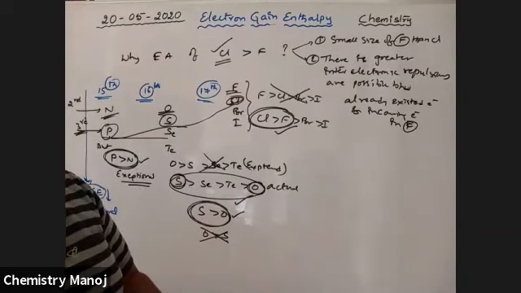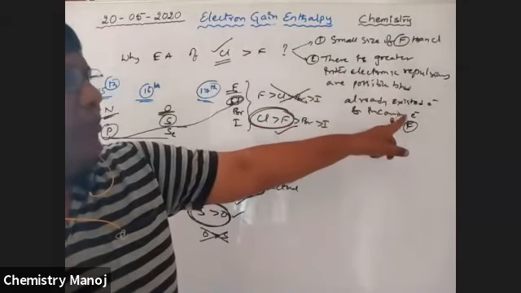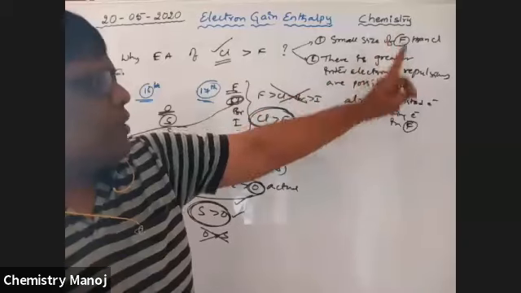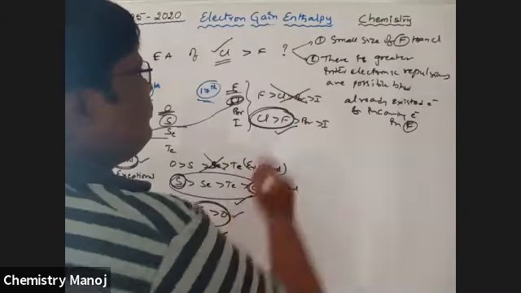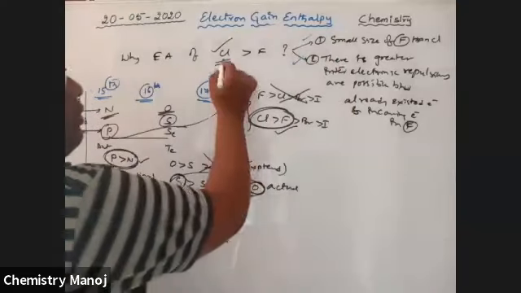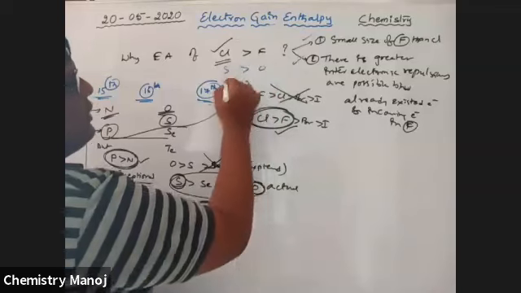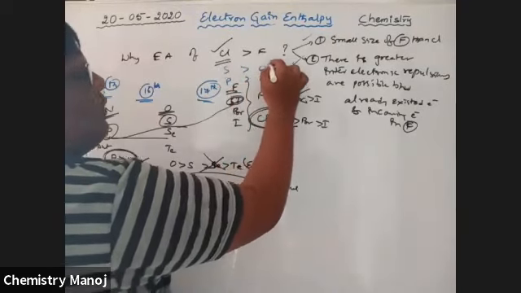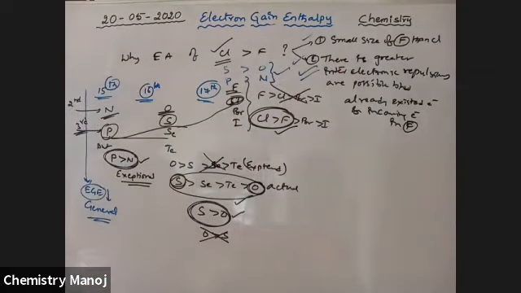That is why less attraction is available. Because of these two reasons, chlorine is greater than fluorine, similarly sulfur greater than oxygen, and phosphorus greater than nitrogen. All these are the reasons.